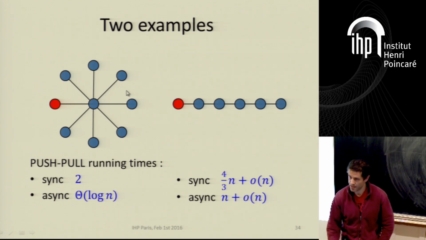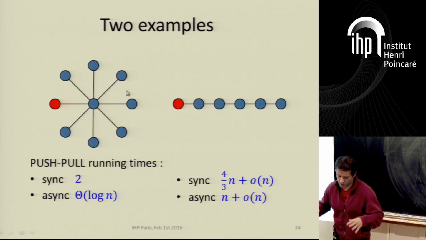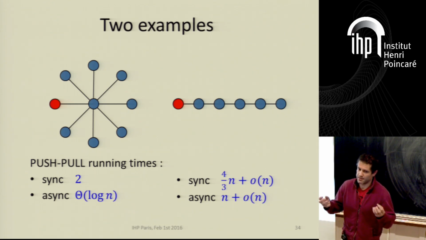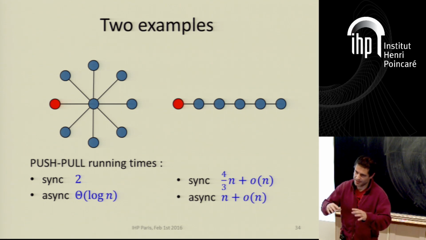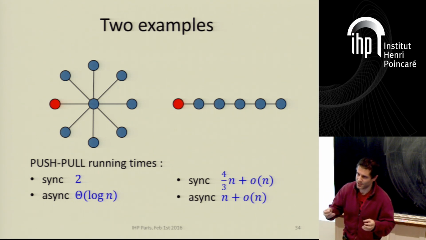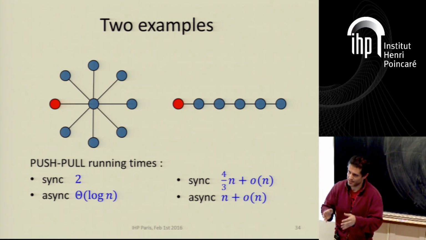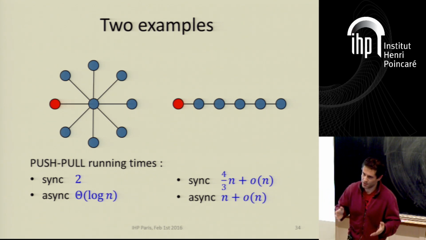But in many examples, you use the fact that the minimum of exponentials is an exponential with the sum of the rates of all the exponentials. So you need this memoryless property.